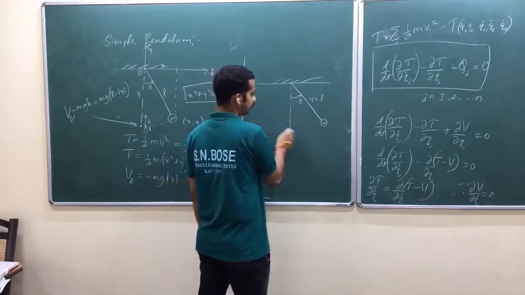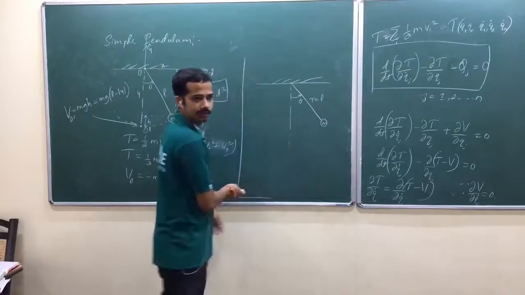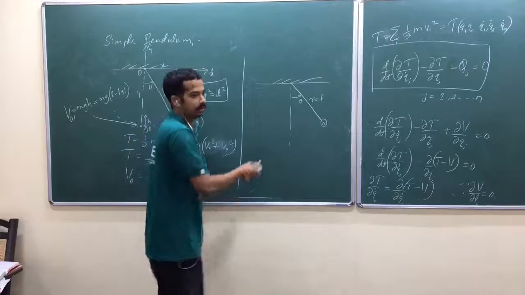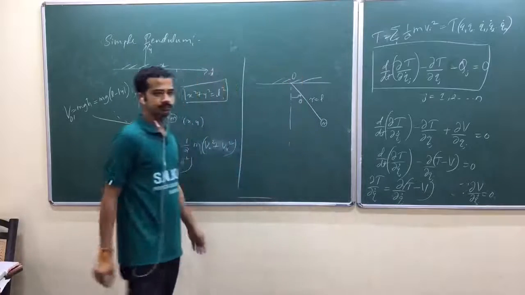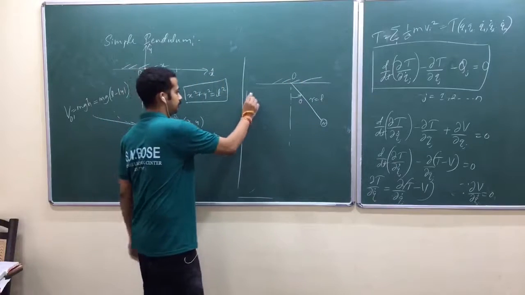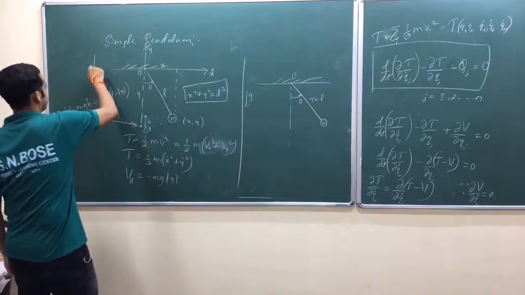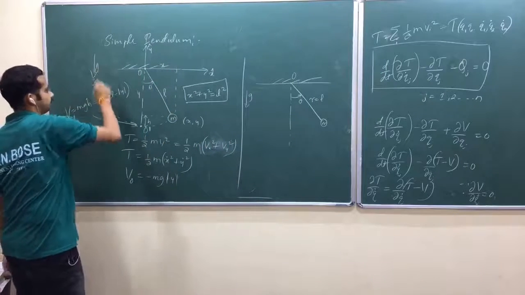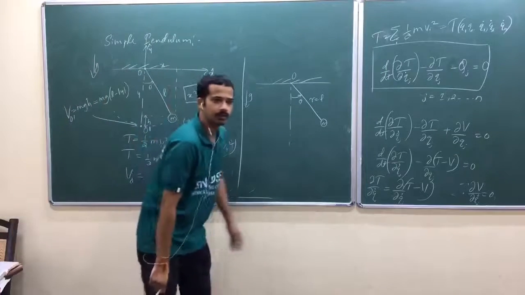Once you define this as theta, then this should be the initial line, am I right? The initial line of your polar coordinate, and this is your origin. And I have gravity, okay?